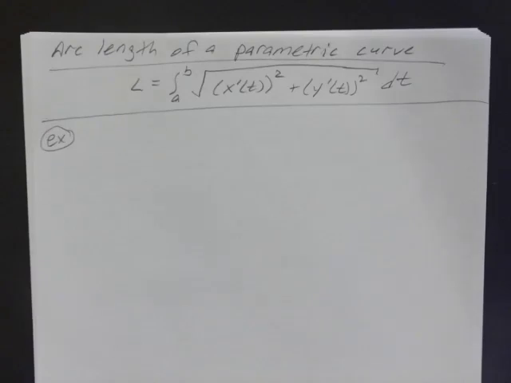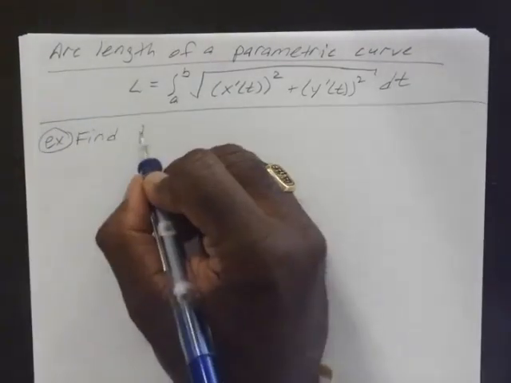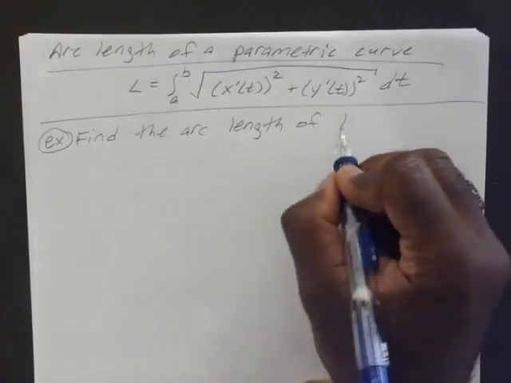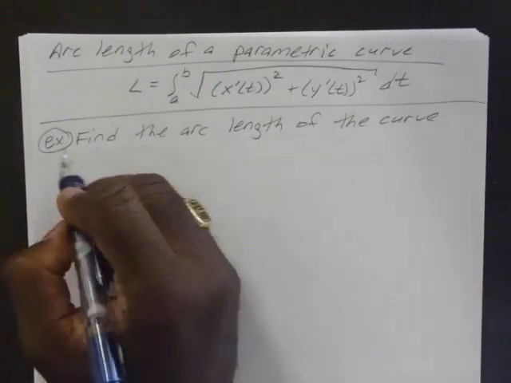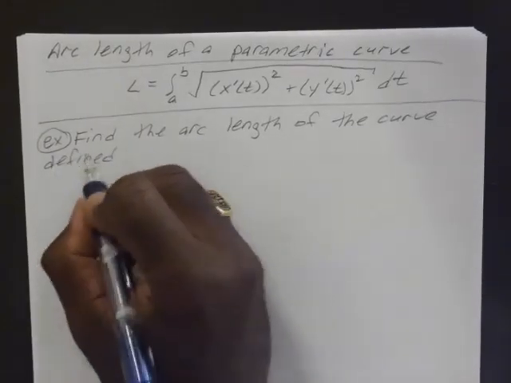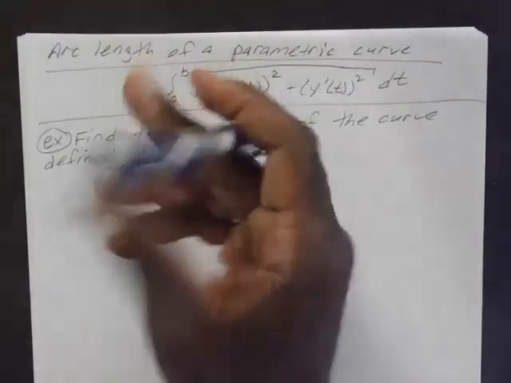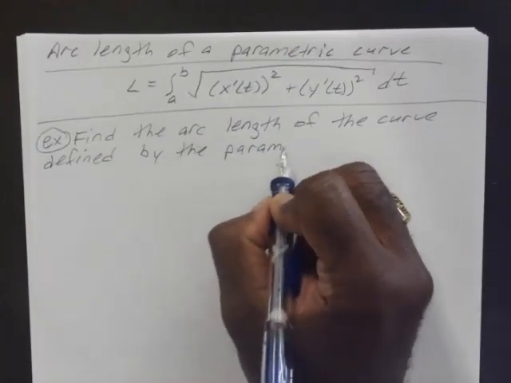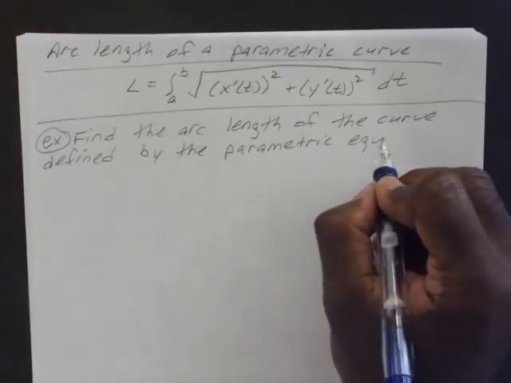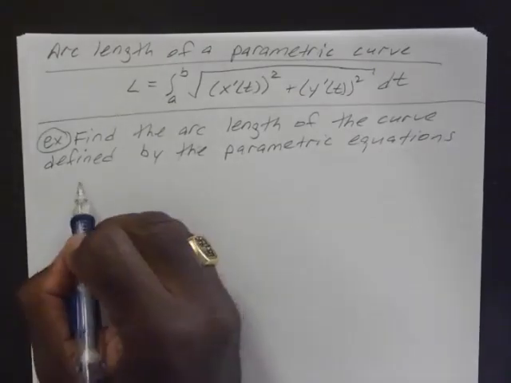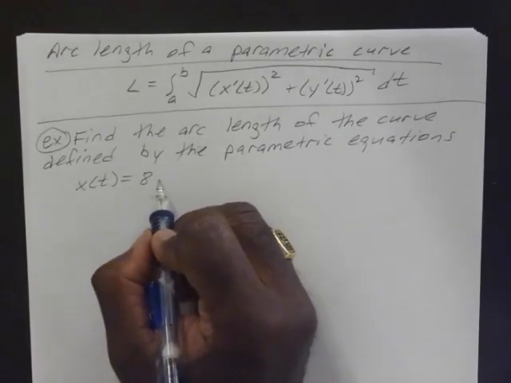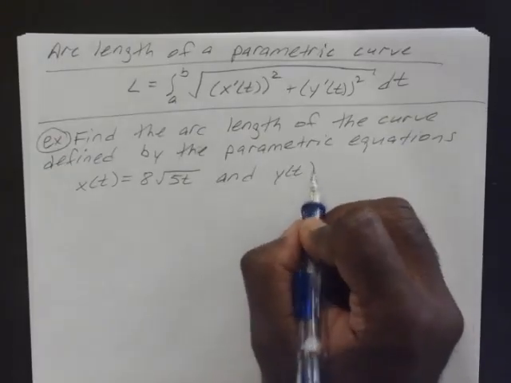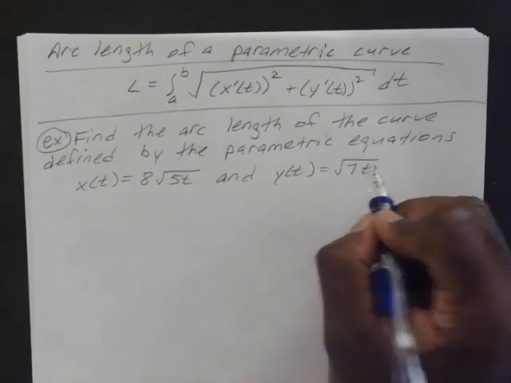Okay, so let's say, for example, we wanted to find the arc length of the curve defined by the parametric equations x of t is equal to 8 times the square root of 5t, and y of t is equal to the square root of 7t.